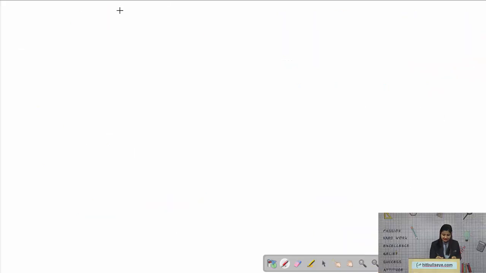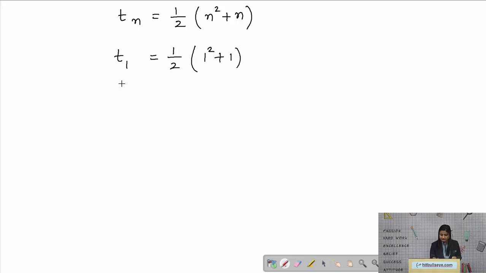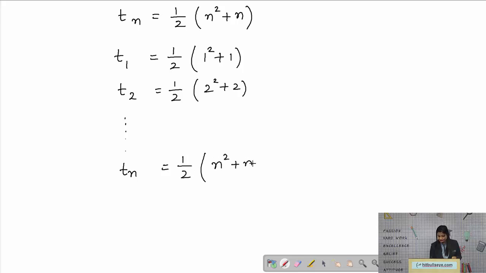Let us see. Our Tn is half of n square plus n. What will be T1? If we write in this manner, it will be half of 1 square plus 1. What will be T2? It will be half of 2 square plus 2. And so on up to Tn, which will be half of n square plus n. We want to calculate Sn. What do we mean by Sn?